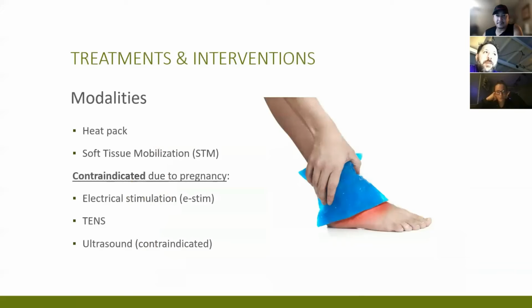Although there are many benefits to E-stim, TENS, and ultrasound, they may be contraindicated because the patient is pregnant. Just for the sake of improving a grade 2 ankle sprain, patterned electrical stimulation can fire patterns of muscles like the agonist and antagonist.